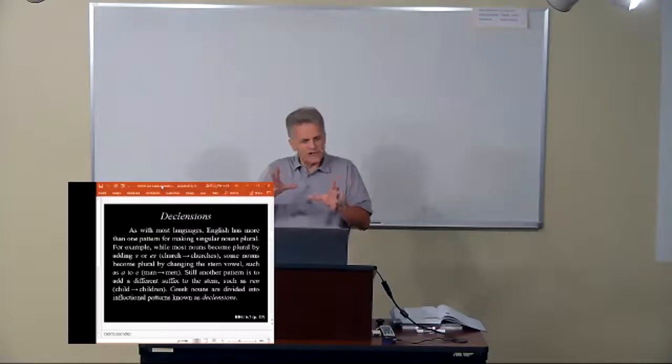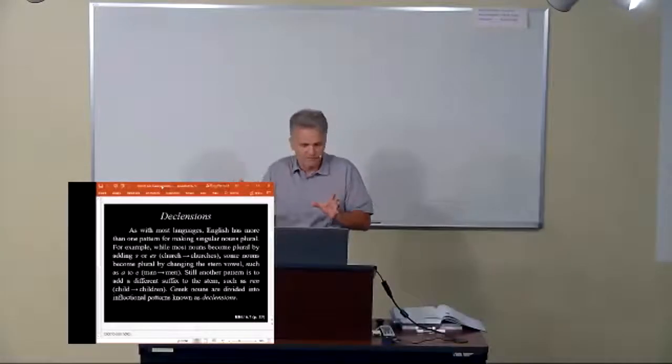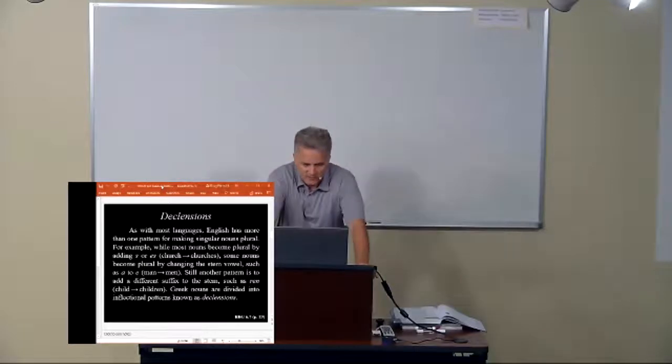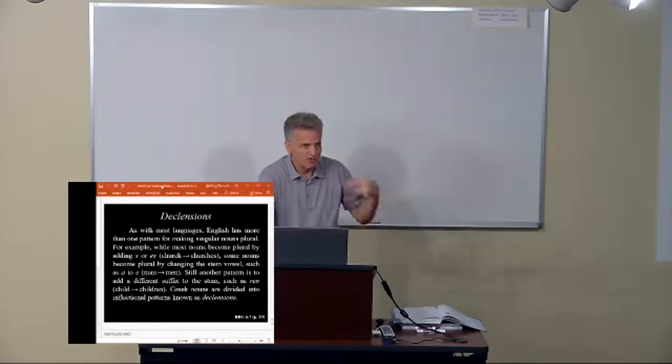So now you're looking at a different option for how to make something plural, essentially. Some nouns become plural by changing the stem vowel, such as A to E. Man, for one, goes to men when you have two or more. So here we're not adding the S, but we're still making it plural.